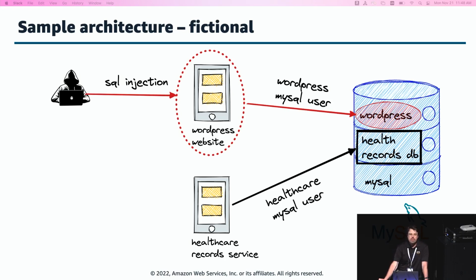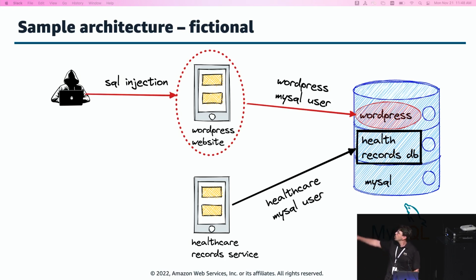So let's imagine the bad actor was able to use WordPress and get into the database by means of SQL injection. WordPress is notorious for having all sorts of vulnerabilities.